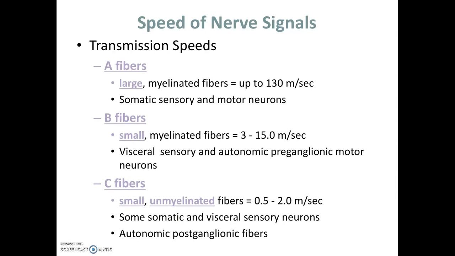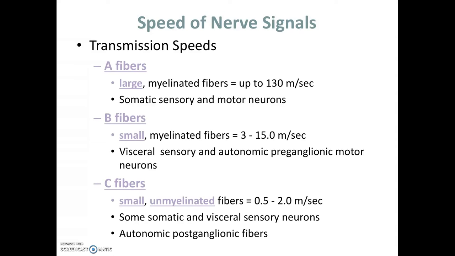A fibers are large myelinated fibers and transmit nerve signals up to 130 meters per second. We find A fibers coming from somatic sensory neurons and in motor neurons. B fibers are small myelinated fibers which carry signals at 3 to 15 meters per second, and we find these in visceral sensory neurons and autonomic preganglionic motor neurons.